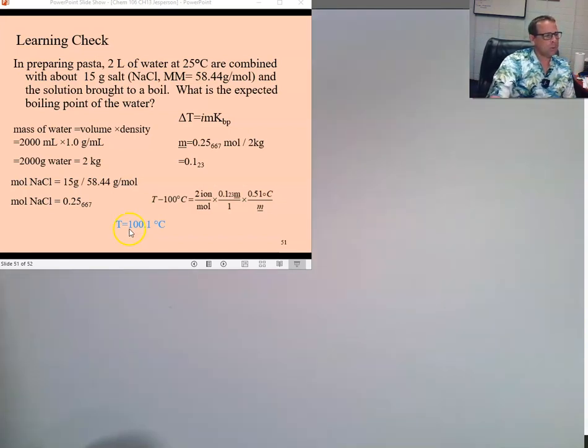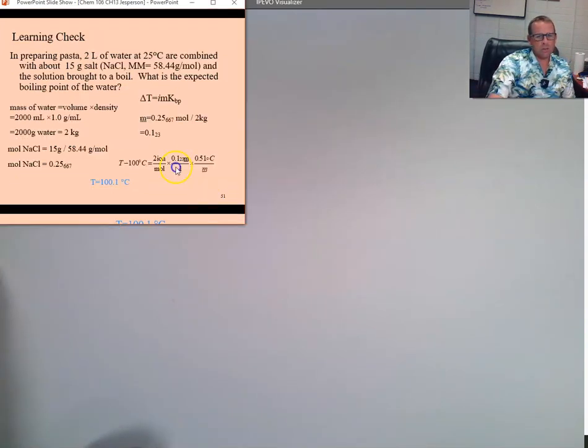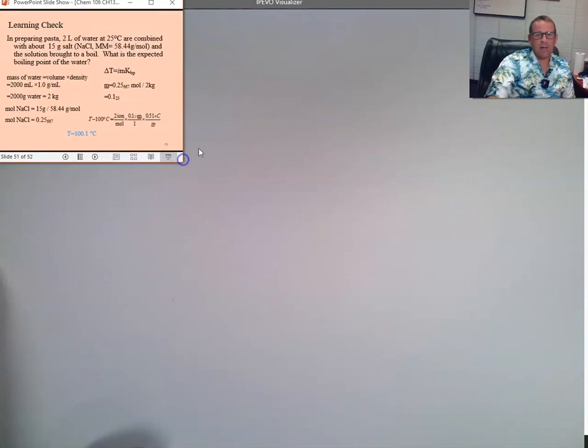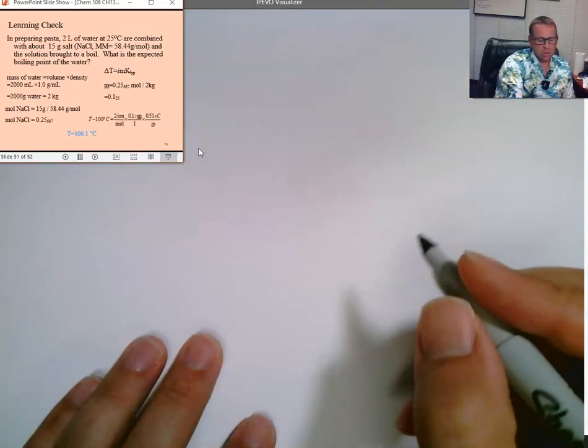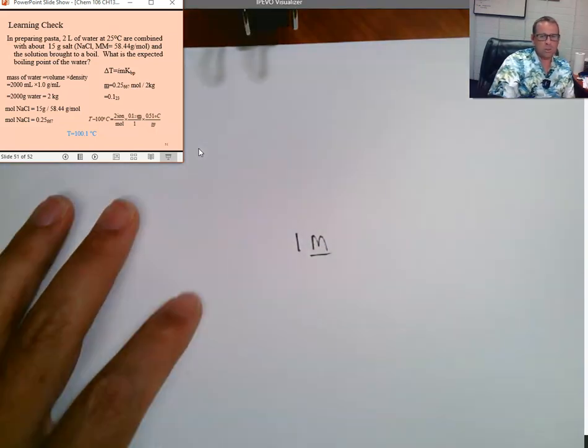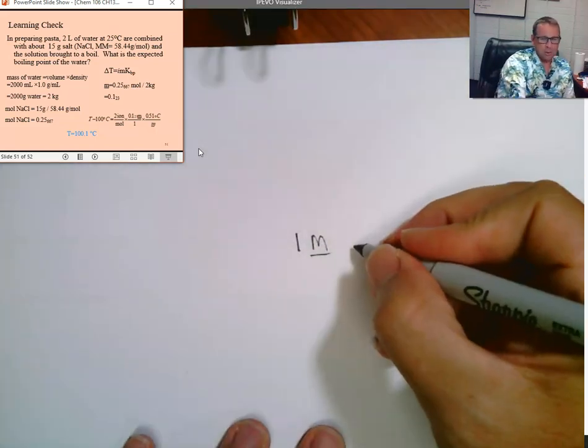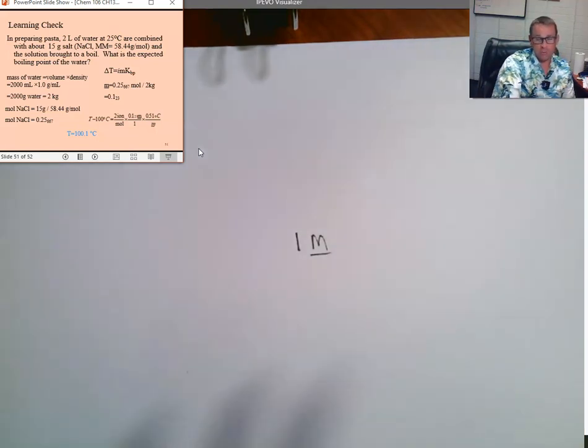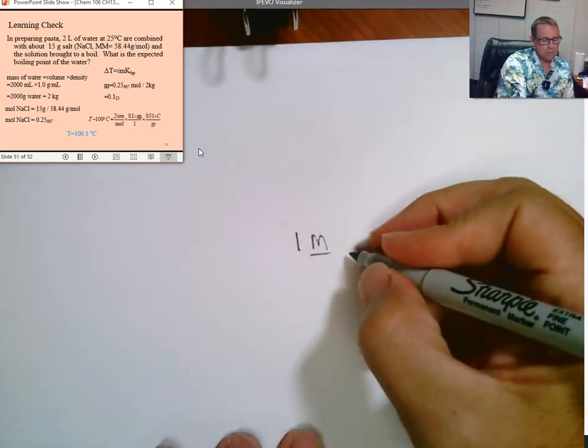All right, one last question here. If I have 5 separate solutions of these salts.